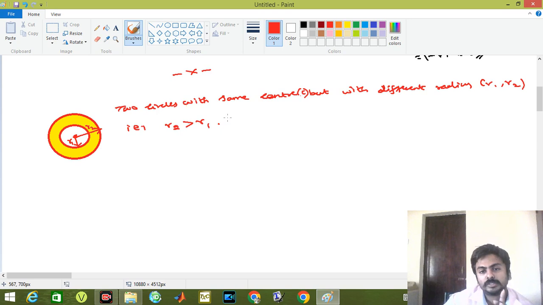The two circles with the same center C but with different radii r1, r2, where r2 is greater than r1, are called concentric circles.